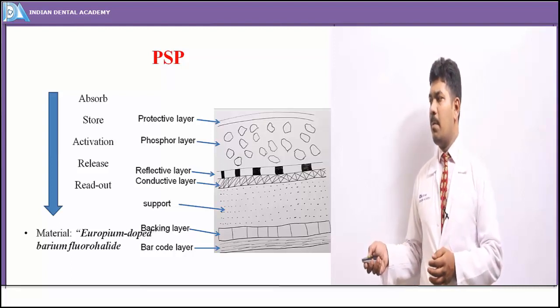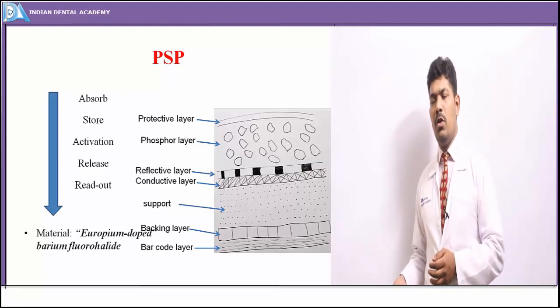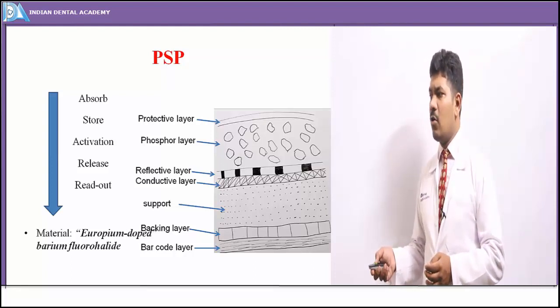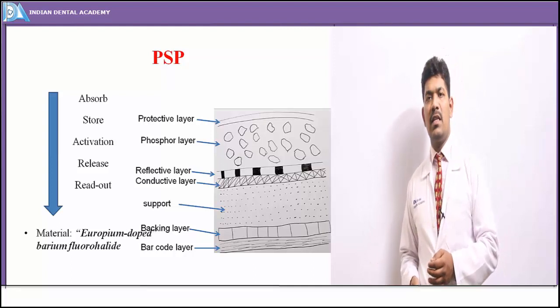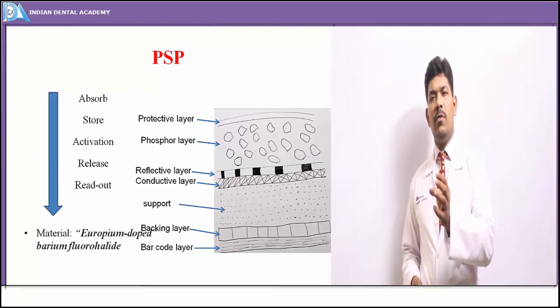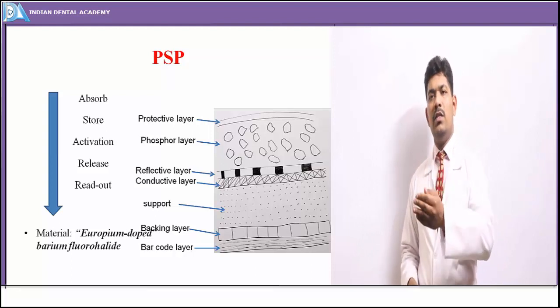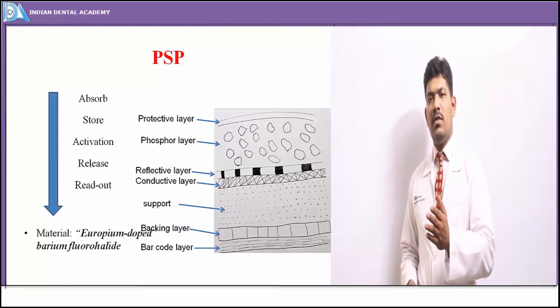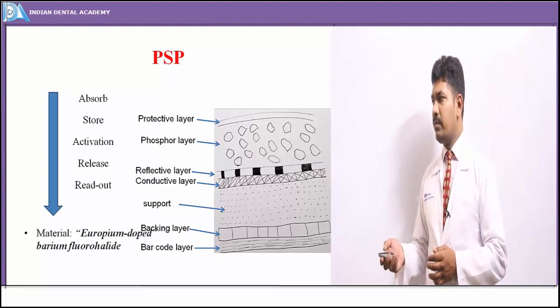Then we have the basic support, which gives strength to the whole phosphor layer and the other layers. We have the backing layer and the barcode layer. Now this barcode layer is basically receptive to the degree of intensity of light at specific areas, which is then converted via photomultiplier tubes from an analog signal to a digital signal.